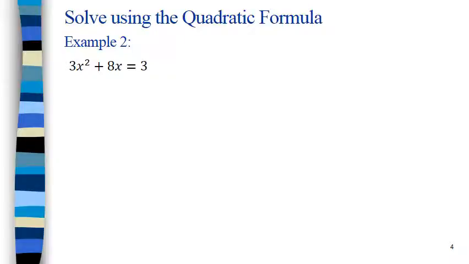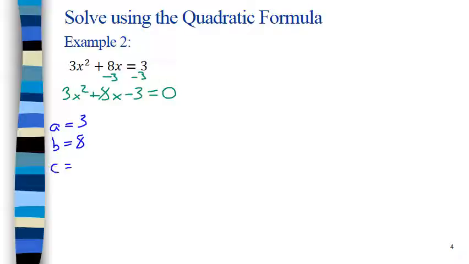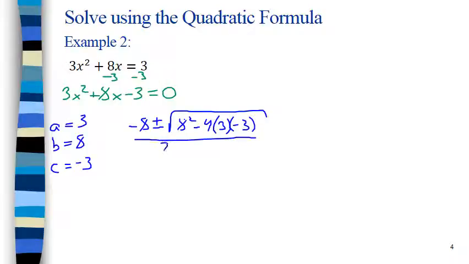So in example 2, we're not in standard form, so we subtract 3 on both sides using our inverse operations here. So we have 3x squared plus 8x minus 3 equals 0. Good. All right, now we can go ahead and identify the a, b, and c. So a is 3, b of course is 8, and c is negative 3. And so let's see, negative b plus or minus the square root of b squared minus 4 times a, which is 3, times c, which is negative 3, all over 2a, which is 3.